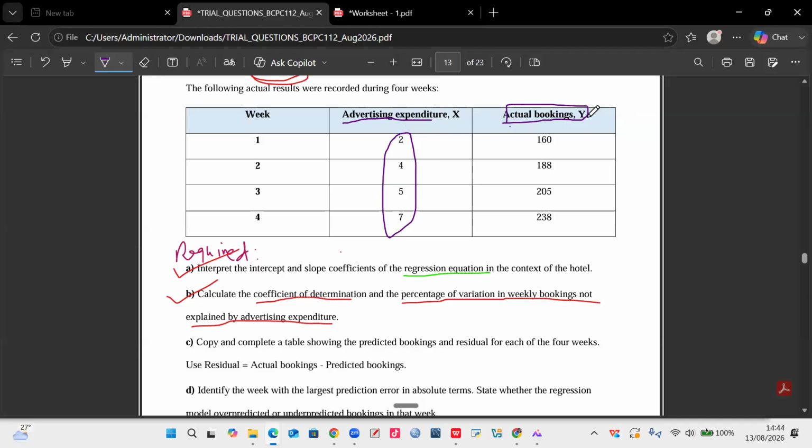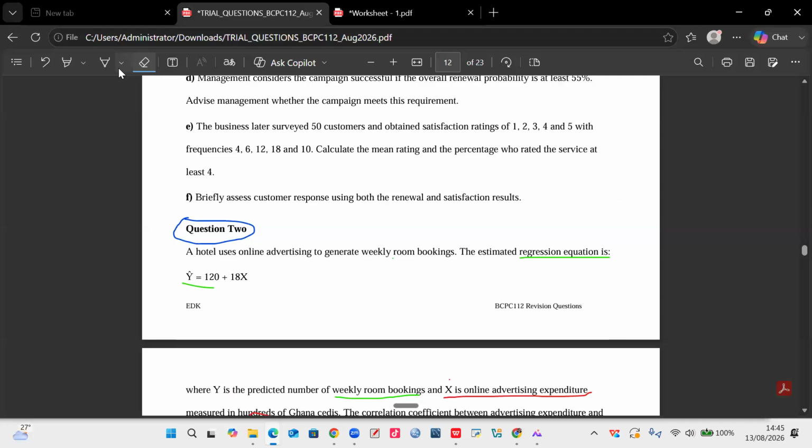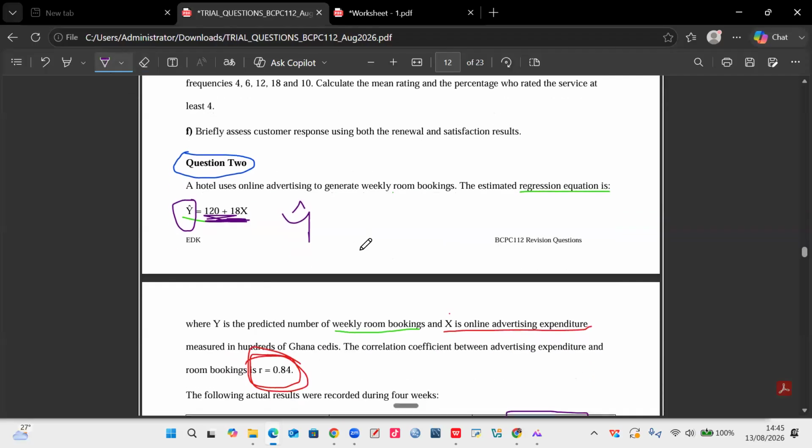Now, you've seen this Y has no hat on it. This Y hat is also called the Y estimate. It means this value has been estimated, it has been predicted. It's not the actual.